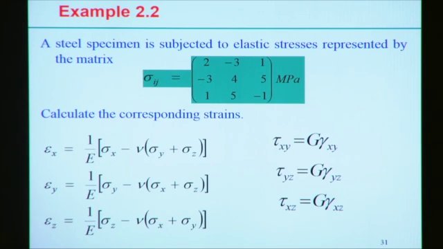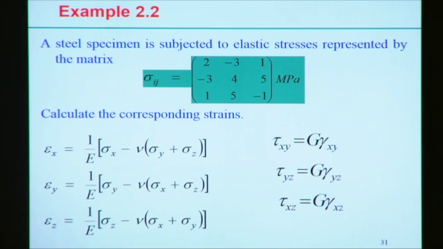But if you look into the tau xy, or the 1 2 component, tau 1 2 or sigma 1 2, that is actually minus 3. There are 2 minus 3 entries here, so that means it is a symmetric matrix. That means physically tau xy equal to tau yx is following here.